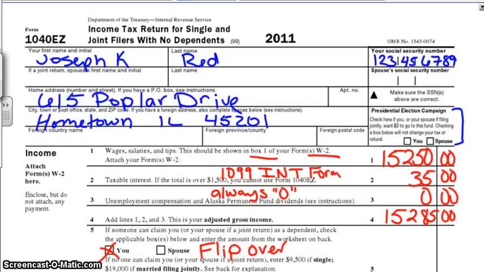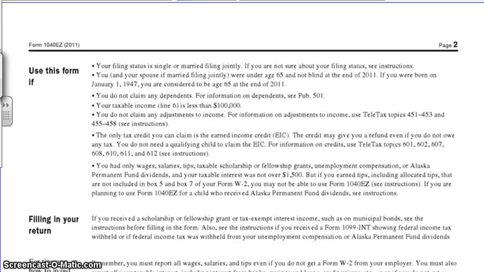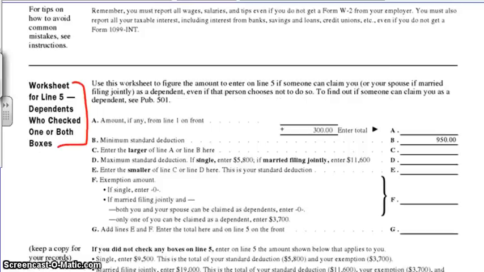So line 1 stayed $15,250. Let's write $15,250. Okay. Now they've given us a $300 addition to just automatically add to that. So $15,550 is our total for line A.